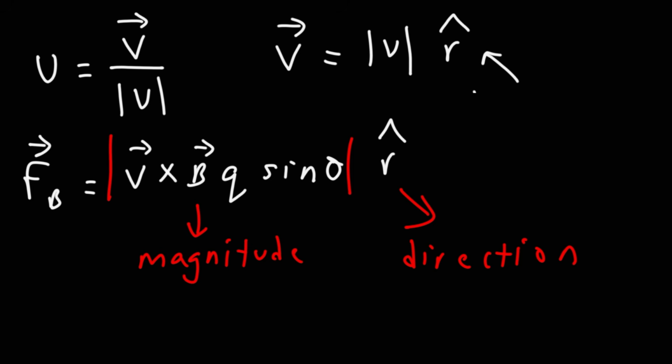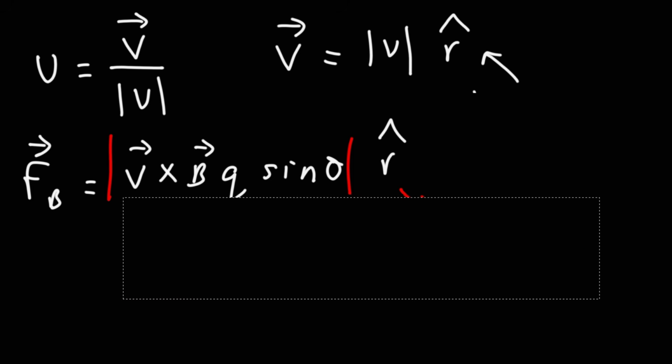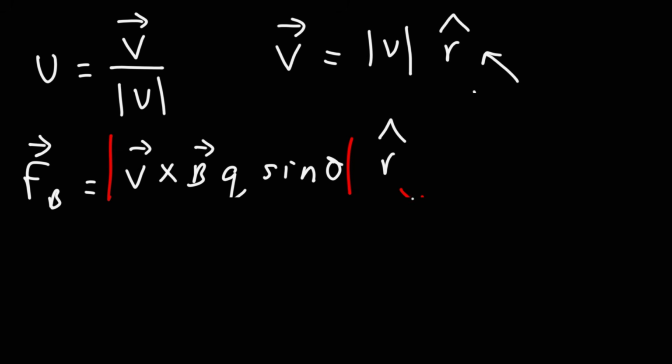Another example of this formula is the electric field vector. Every charge emits an electric field. So if you have a positive charge like a proton, it will emit electric fields in all directions emanating from that proton.